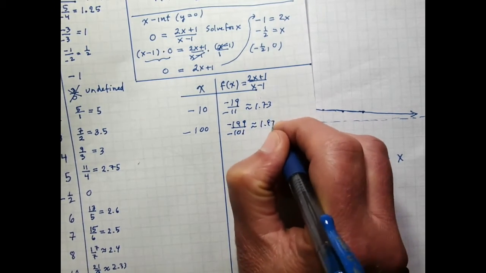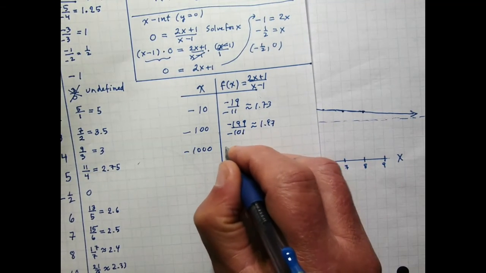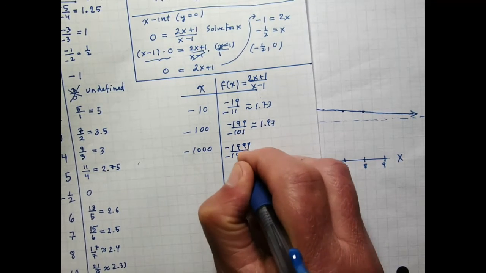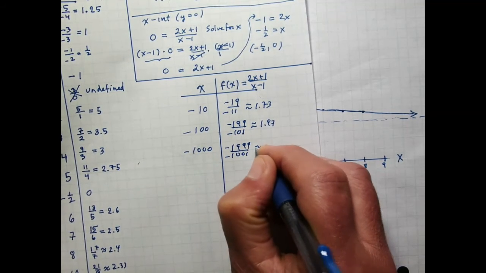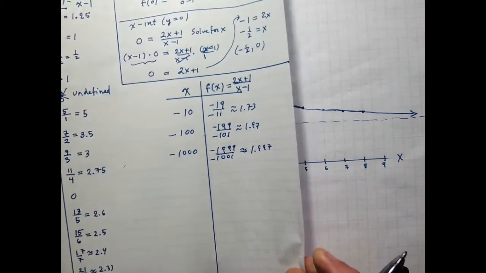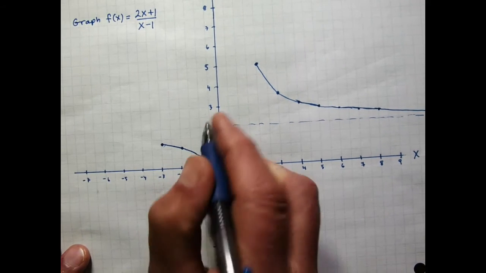That's about 1.97. At negative 1,000, I'm going to get negative 1999 over negative 1,001. Okay, positive. That's about 1.997. So what we're seeing there is this 1.99 business.